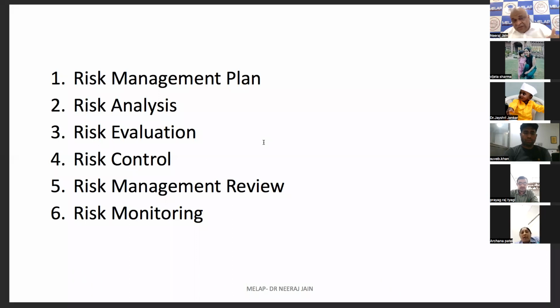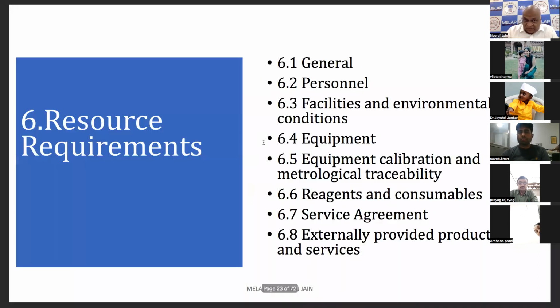And you are monitoring that risk so that it is not happening again. So these are the flow of activities. This is a process. How you will carry out each activity, for that you can develop some procedures. So that way, wherever the standard is asking for a process, you have to develop a process.